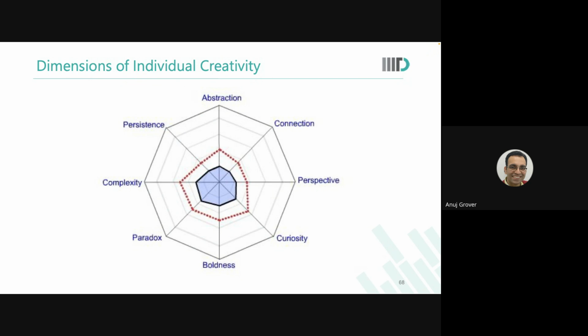Someone of you will be very strong on perspective, someone else on boldness, someone else on abstraction. What is important to understand is what is my strength and which is my weakness. How can I play upon my strengths and remain creative and work on my weaknesses so that they do not block me from being creative? Are you with me?